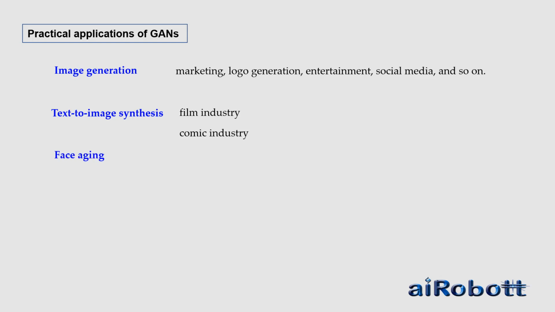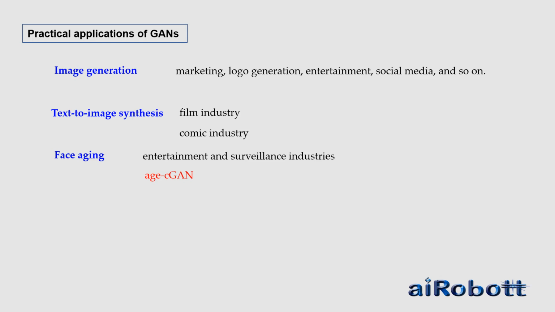Face aging. This can be very useful for both entertainment and surveillance industries. It is particularly useful for face verification because it means that a company does not need to change their security systems as people get older.